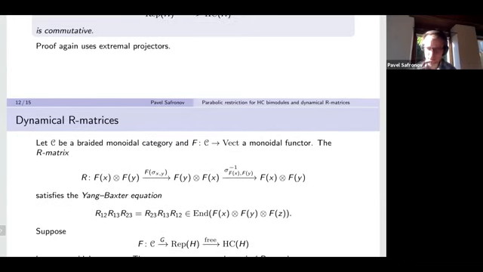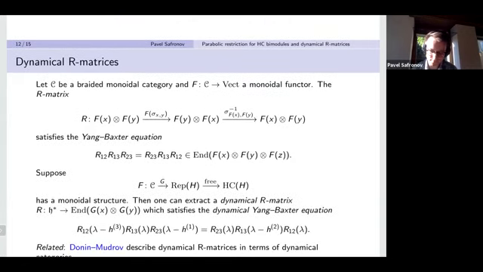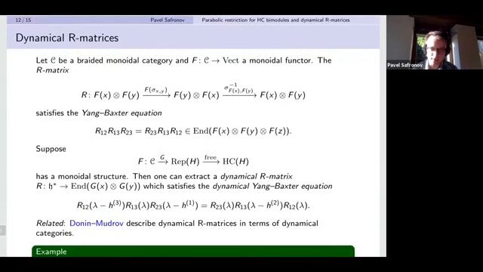Okay, so this is one way to encode an R-matrix categorically. You have a braided monoidal category and a forgetful functor into Vect, which is just monoidal. And here's how you can encode a dynamical R-matrix. Suppose you still have a braided monoidal category C, but it has a monoidal functor not into Vect, but into the category of Harish-Chandra bimodules.